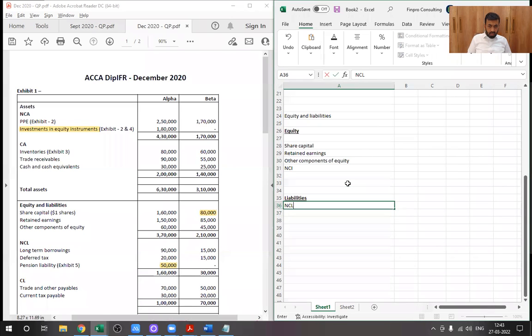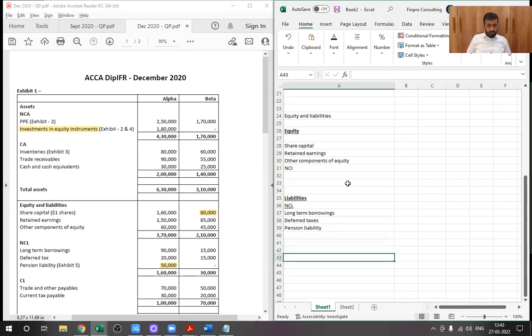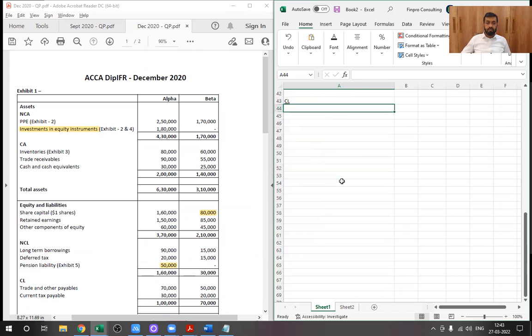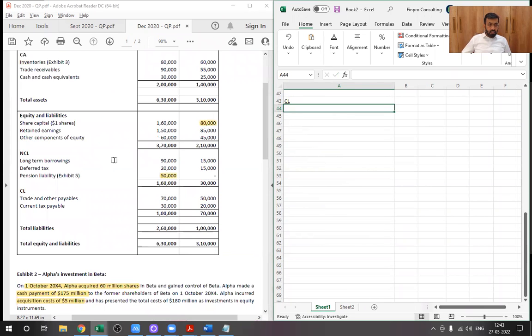Go for non-current liabilities. Non-current liabilities, there are long-term borrowings. Then you have deferred taxes. Then you have pension liability. Leave a couple of places blank and go for the current liabilities. Current liabilities, you have trade and other payables.